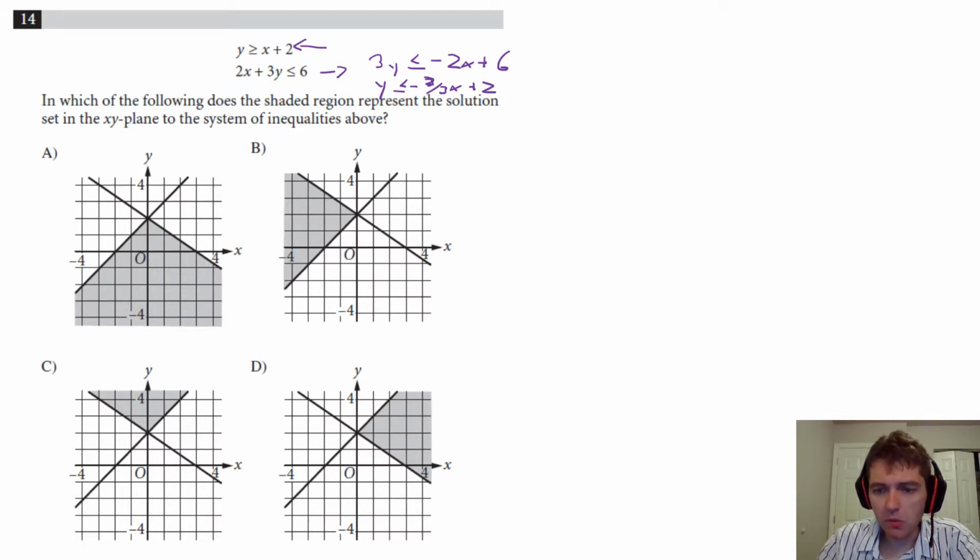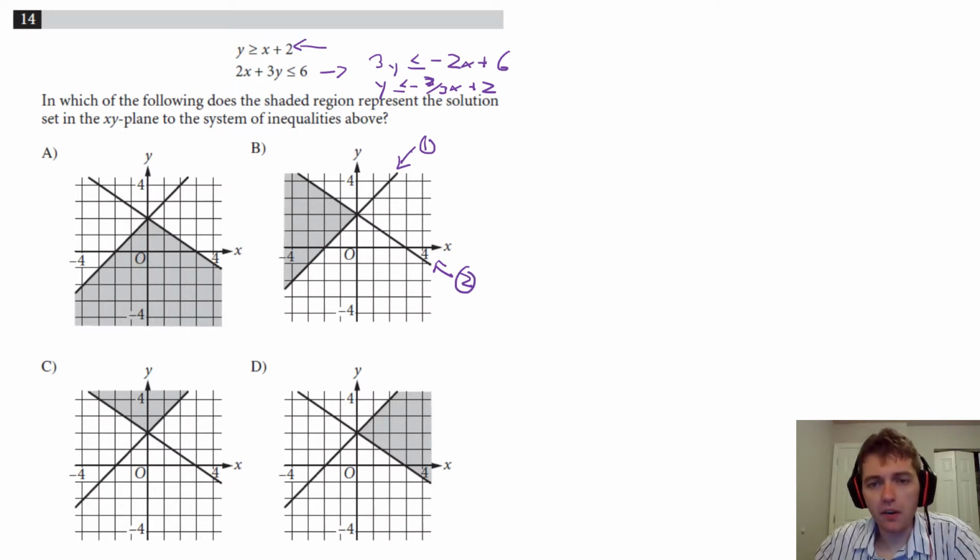The key takeaway here being that the first equation has a positive slope, the second equation has the negative slope. So that means that you can see just from the graphs that this line here is the first equation, and this line here is the second equation, and that's true on all these.